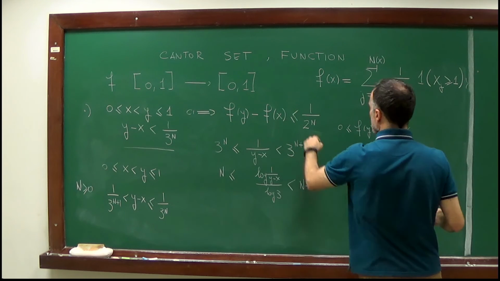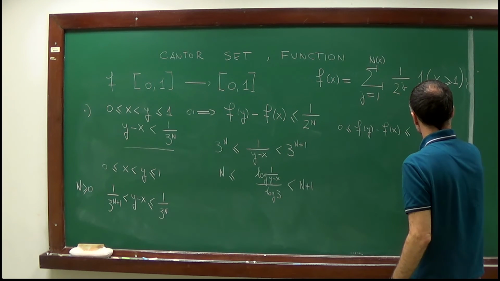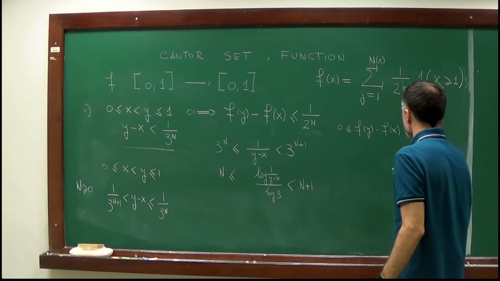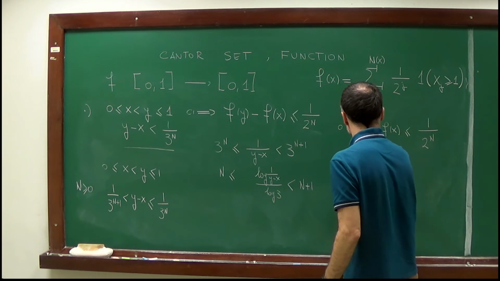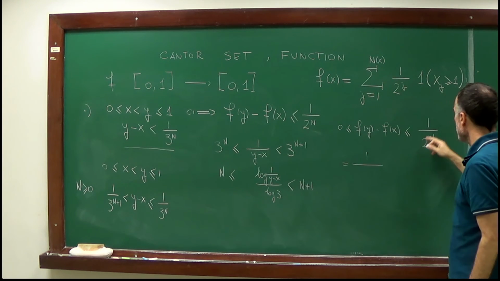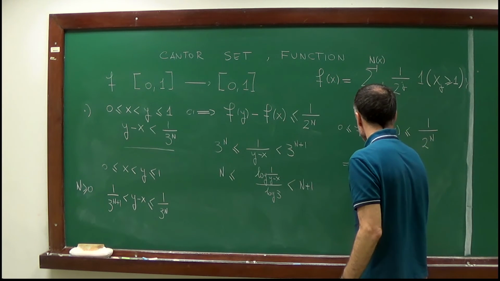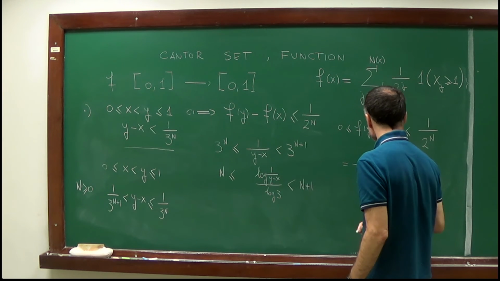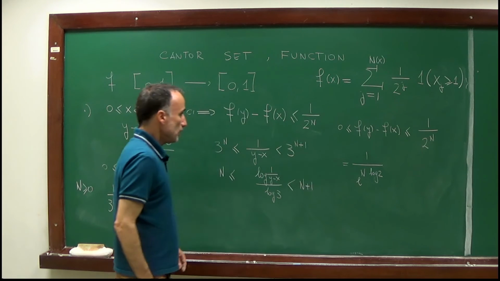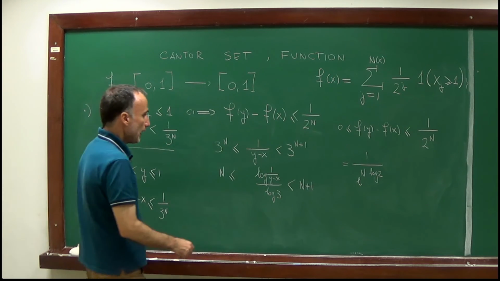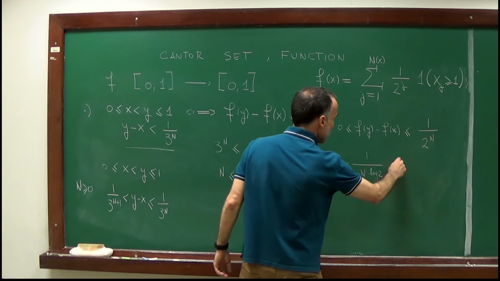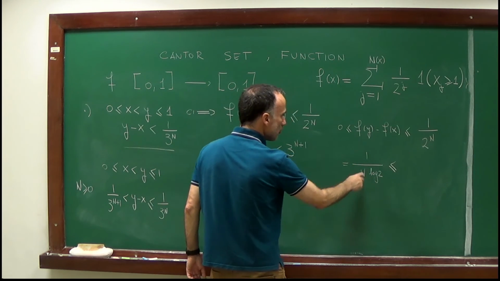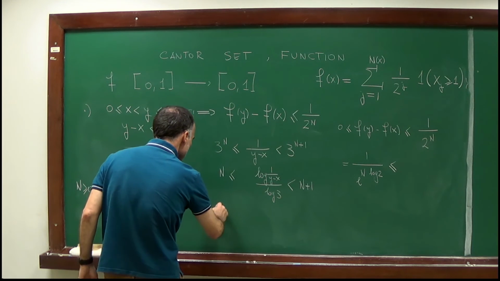according to this, is bounded by 1 over 2^n. So let me rewrite 1 over 2^n by taking exponential and logarithm. So this is bounded by exponential of minus n times the logarithm of 2. Now I want to bound this expression. To bound this expression, I need a lower bound for n, and the lower bound is given here.